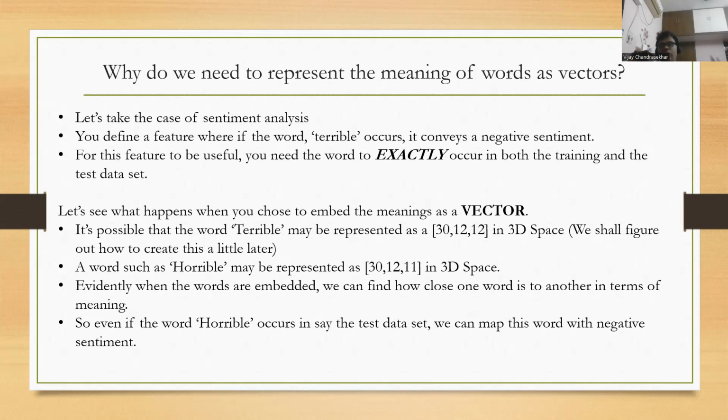So let us say என்கிட்ட ஒரு feature இருக்கு, where the feature goes something like this: if the word terrible occurs then it conveys a negative sentiment. Okay, that's the feature. It's very, very clear. The exact word terrible has to occur for us to say that it conveys a negative sentiment.